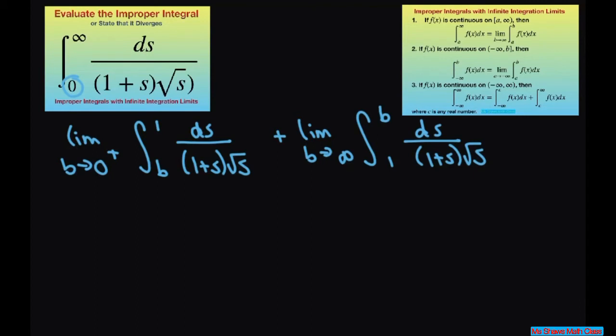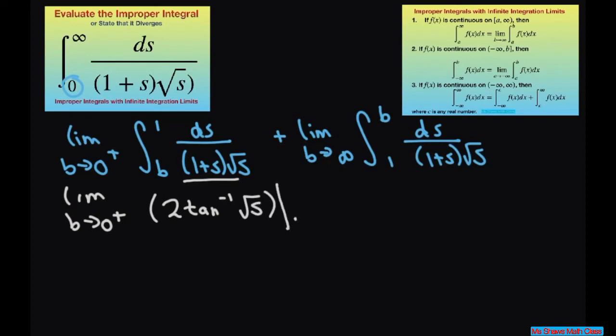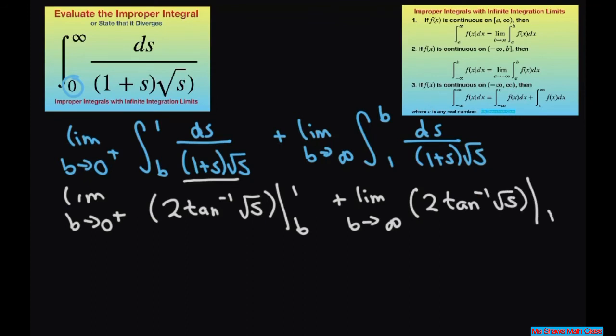All right, now we can integrate this, and we're going to get the limit as b approaches 0 from the right. And if you integrate this, we already did that, this is going to be 2 inverse tan of square root of s, and we're going to evaluate it from b to 1, plus the limit as b approaches infinity, and we have 2 inverse tan of square root of s, and we're going to evaluate that from 1 to b.